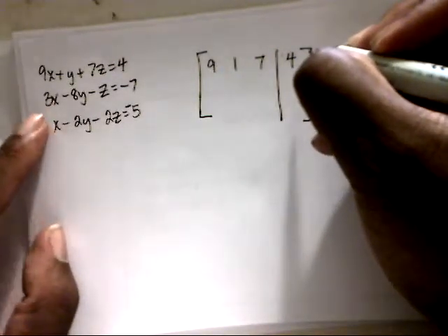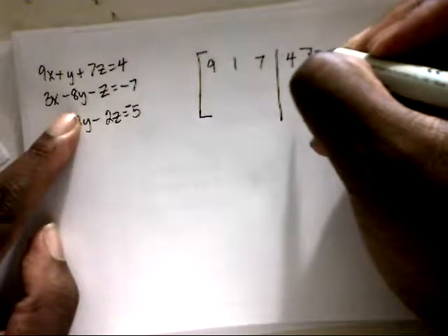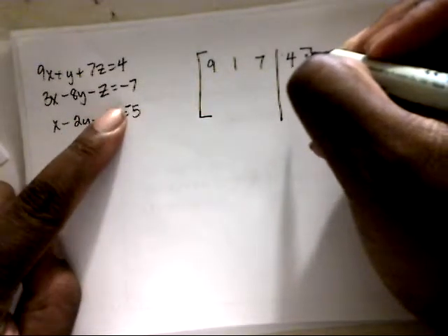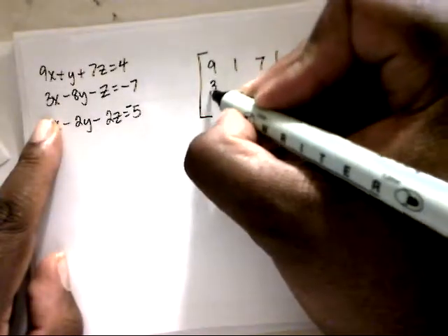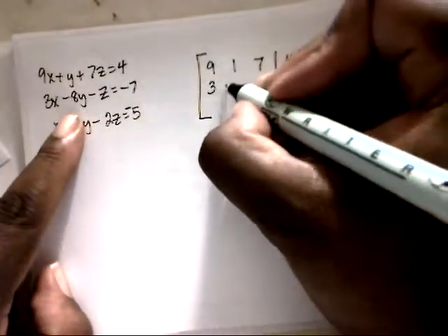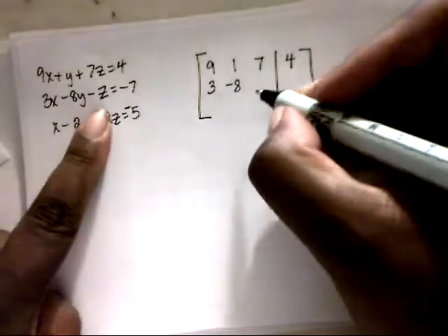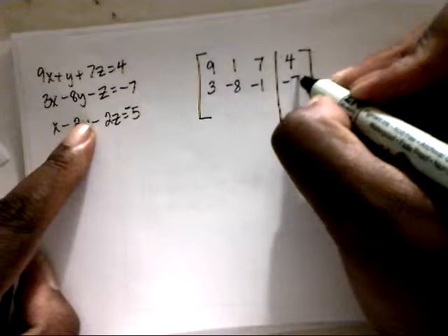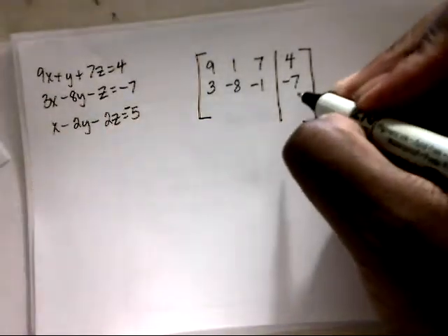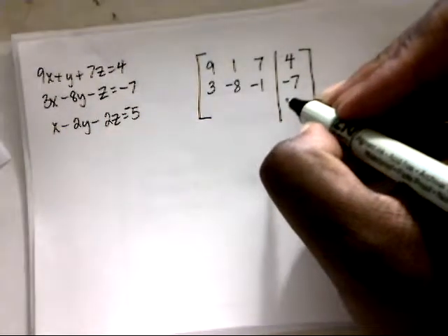And I'll do the same for the other two. For 3x minus 8y minus z equals negative 7, the coefficient of x is 3. The coefficient of y is negative 8. The coefficient of z is negative 1. Pay close attention to your signs here. And then the negative 7 will be behind the vertical bar.